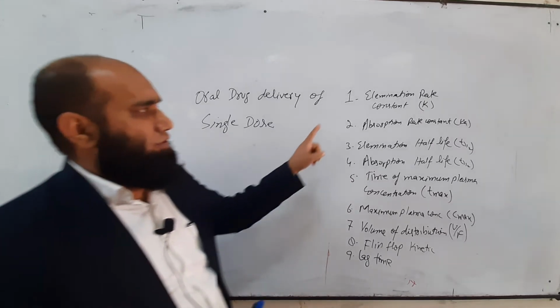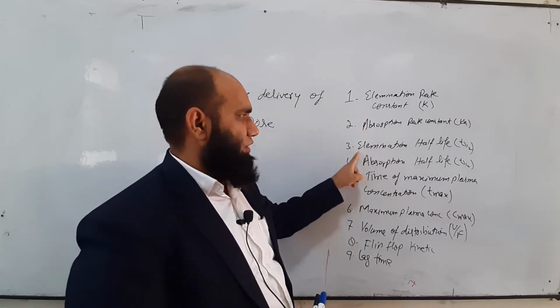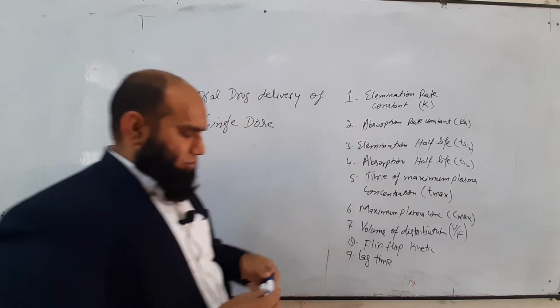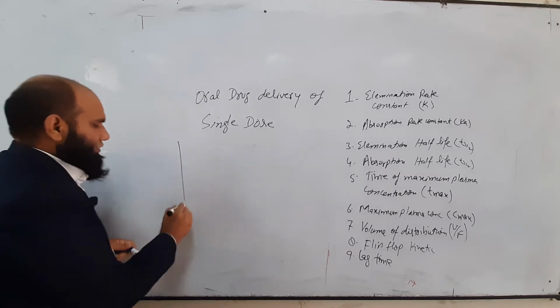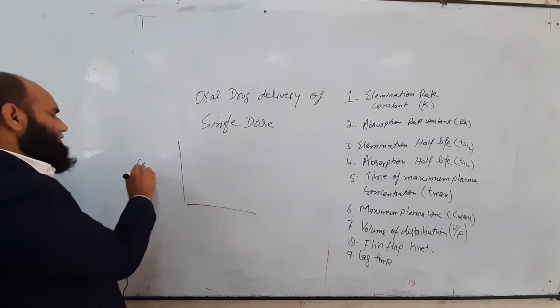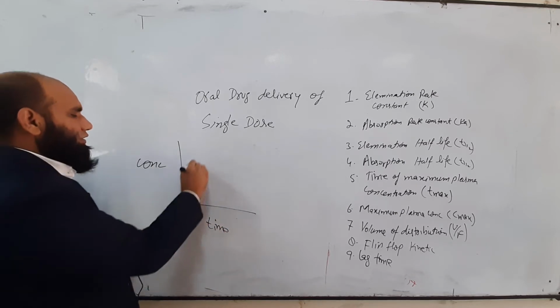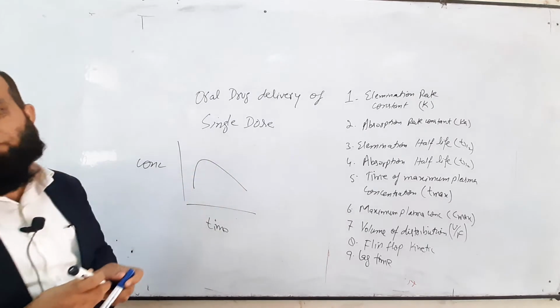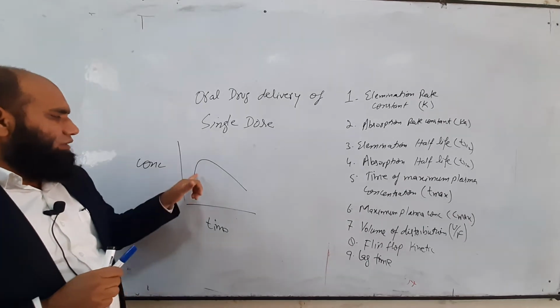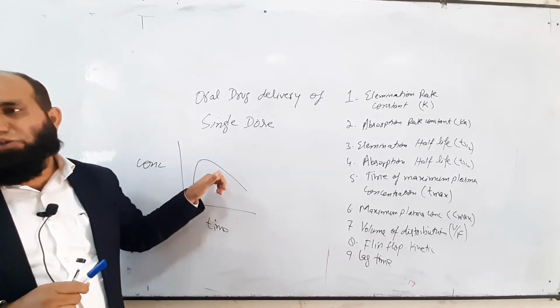In the case of elimination rate constant and elimination half-life, I have already told you, when we construct a semi-log graph between the concentration and time of the given data, we have two phases. One phase is the absorption phase, another is the elimination phase.